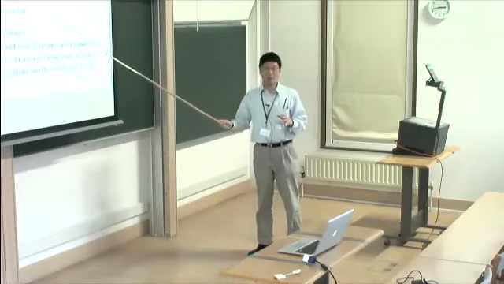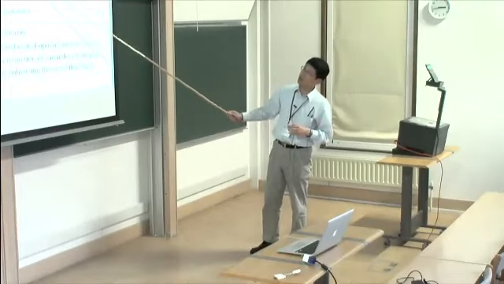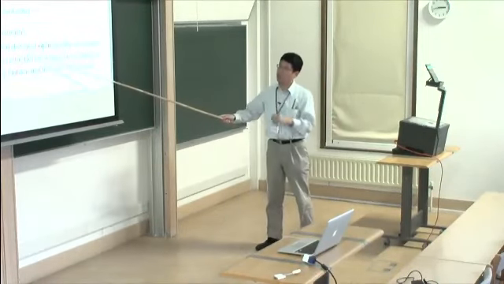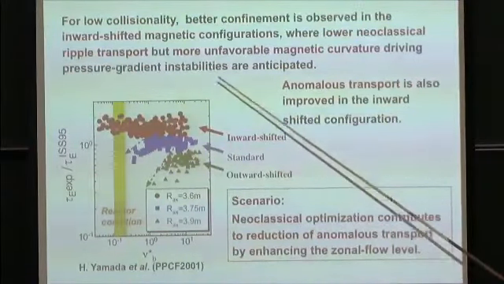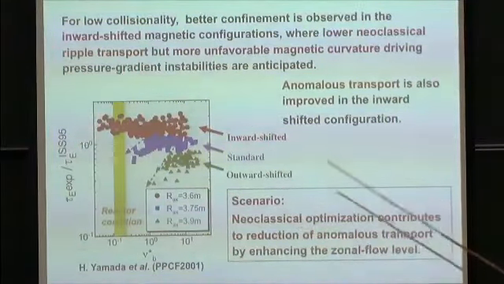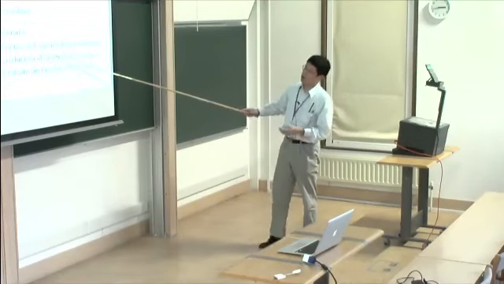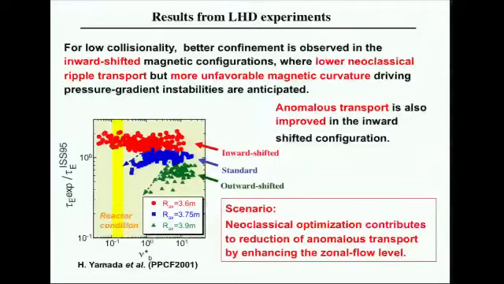But real experimental observation shows that anomalous transport is also improved in the inward shifted configuration. Here we propose a scenario: neoclassical optimization, corresponding to the inward shifted case with low neoclassical transport, contributes to the reduction of anomalous transport by enhancing the zonal flow level.